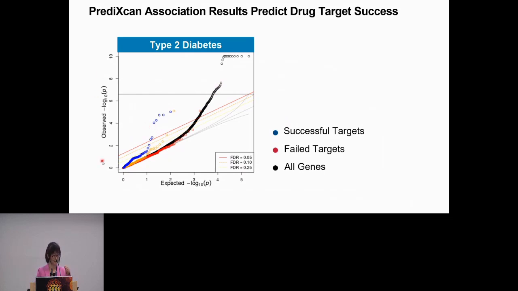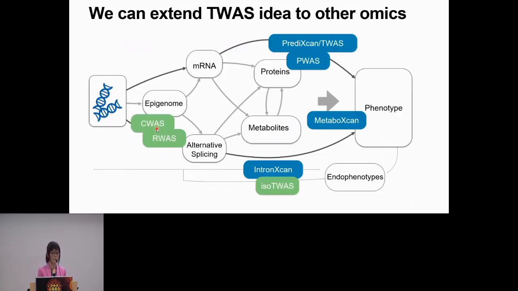On the y-axis is the significance of the association, so the higher the better. In blue, I'm showing you the distribution of the p-values for the genes that were targets of drugs that were successful. So I claim here that, in principle, PredictScan results allow you to predict the success of drugs. So this has been helpful.